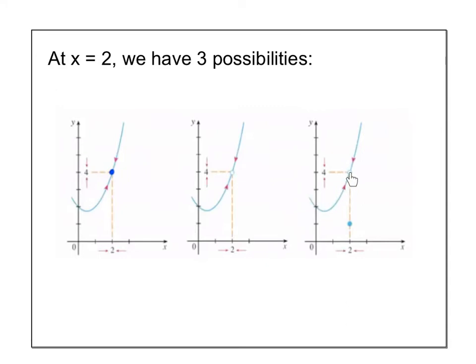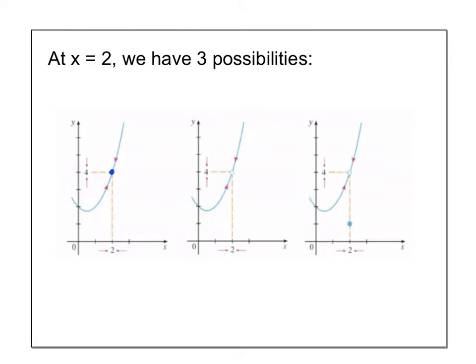Or perhaps we have a hole that jumps down here and the point's way down here, but the limit here is still approaching 4. So all 3 of these scenarios have the same limit because they are all approaching the y value of 4 as they approach 2, the x value of 2, on either side.